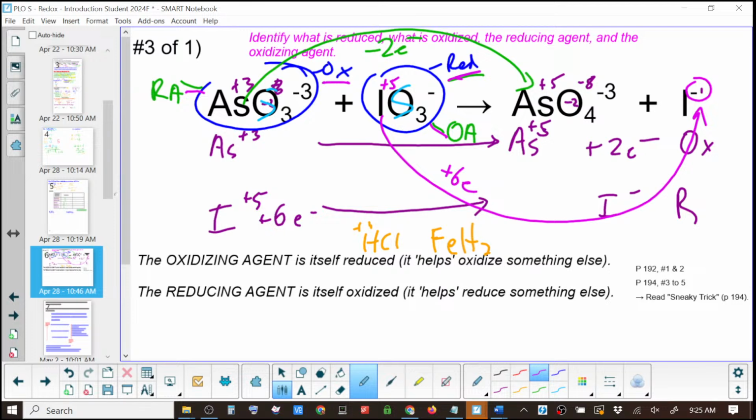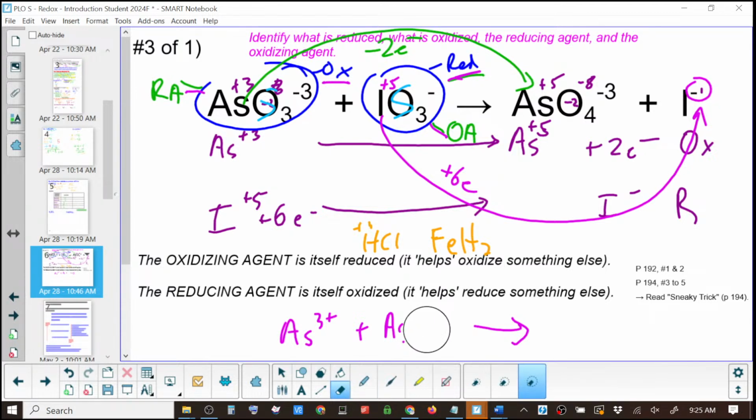Why plus IO3-? Because there's a 3 in there. Oh yeah, you can. Okay, that's fine.